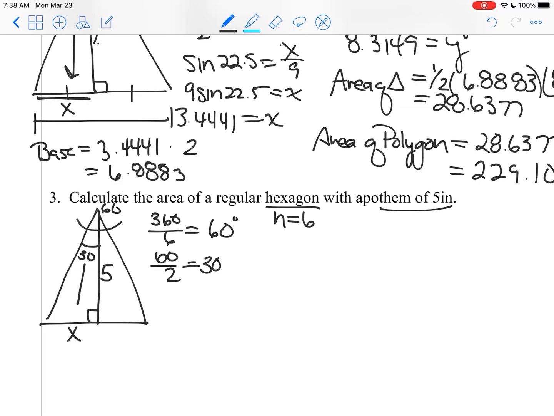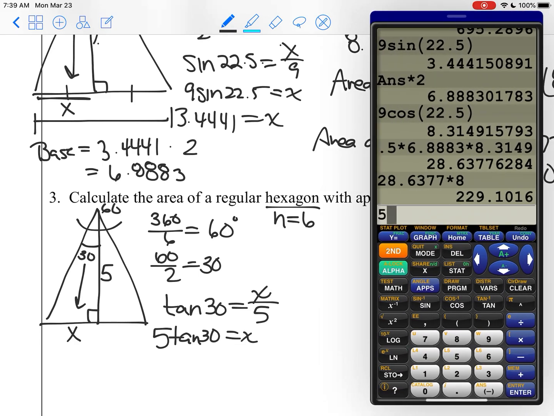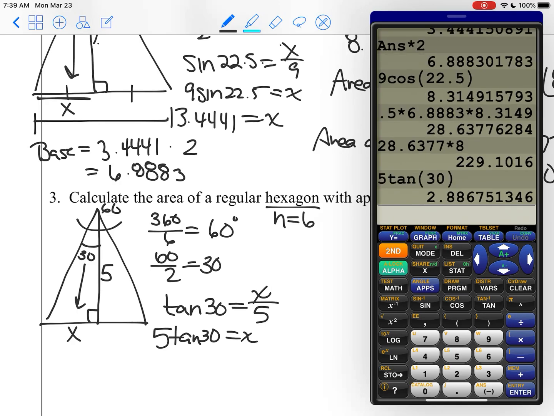Alright, so here's the opposite. The height is 5. Or excuse me, the adjacent is 5, so that means tangent. So the tangent of 30 equals x over 5. Cross multiply, and I get 5 times the tangent of 30 equals x. 5 tan 30, and that's 2.8867.